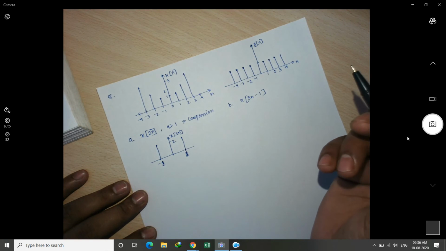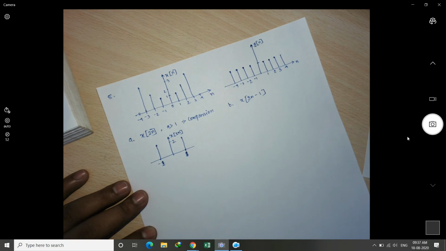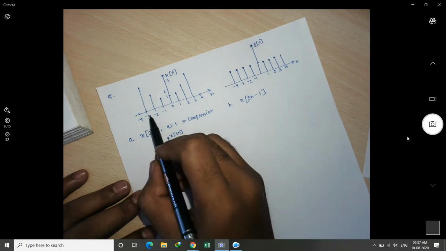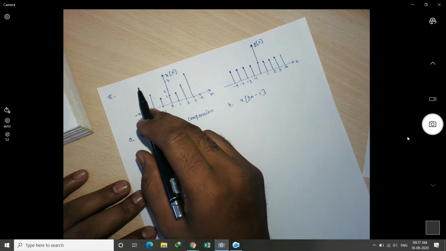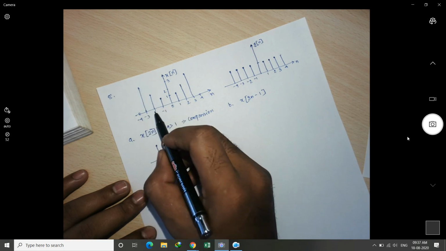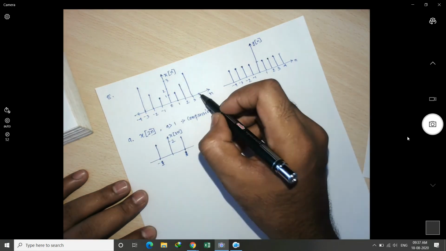This sample which has the amplitude of 3 will start from -2 and go up to 4.